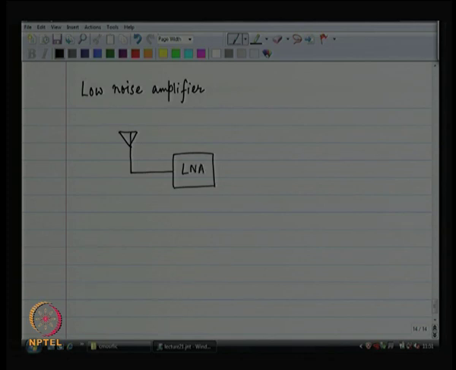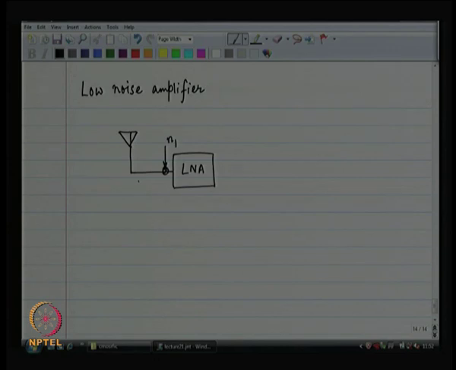So, your antenna is capturing some signal, the signal has some noise because of the antenna, because of everything else. The low noise amplifier is adding very little noise compared to what is already there, right. So, the low noise amplifier is adding very little noise of its own, but it is amplifying everything.